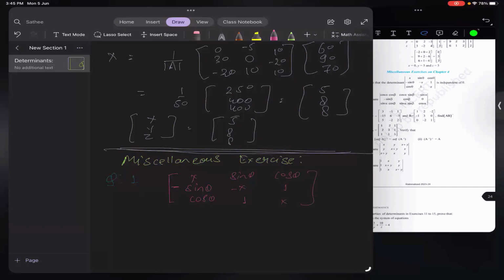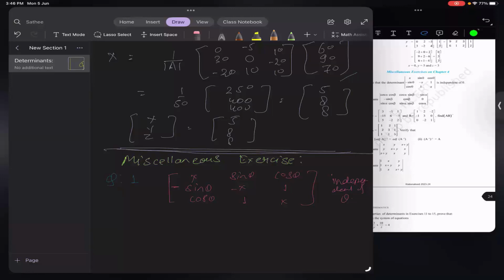Okay. So you have to show that this determinant is independent of theta. The approach is simply to expand this determinant, and in the end prove that it is independent of theta. Okay, so let's quickly find our determinant.